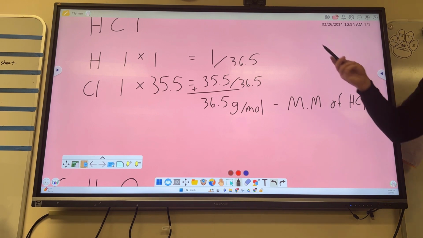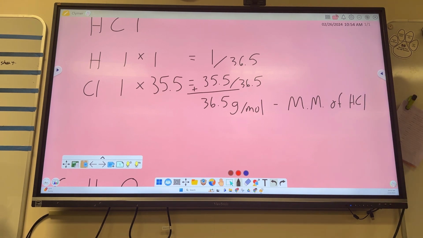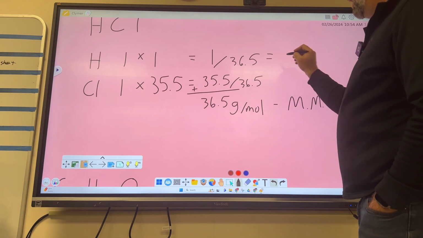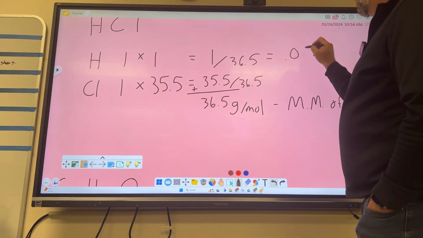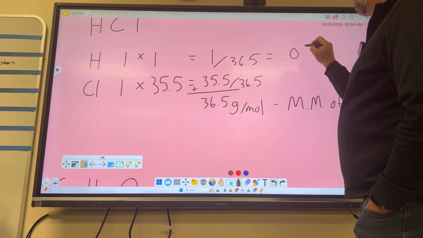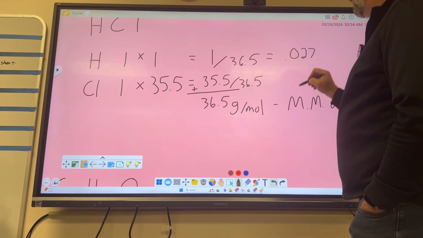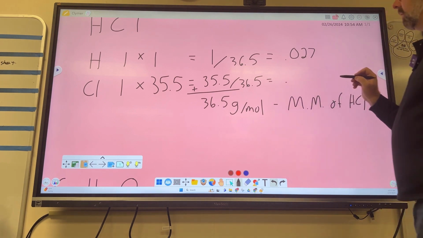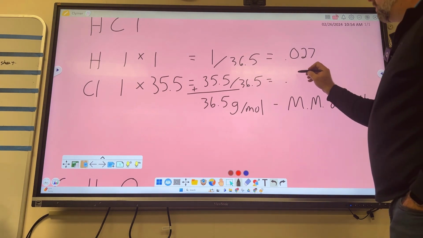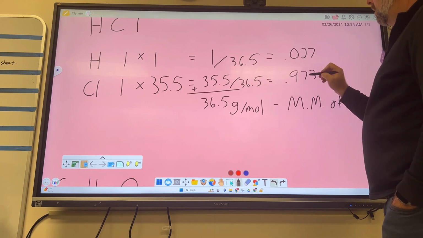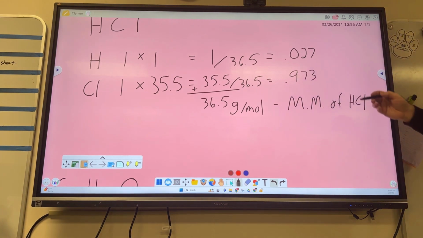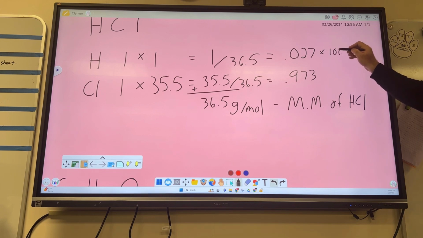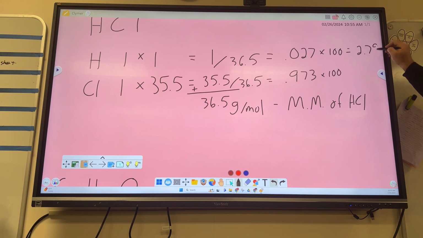So what do we get when we divide 1 divided by 36.5? A small number, yeah. How small? Well, it's 0.027. And then the other one will be point. And then to get these to percents, what do we have to do? 2.7% and 97%.